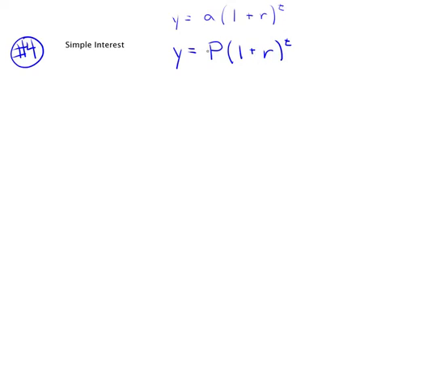The P here stands for the principal, and this is more of a banking context, so they like to have their own variables.